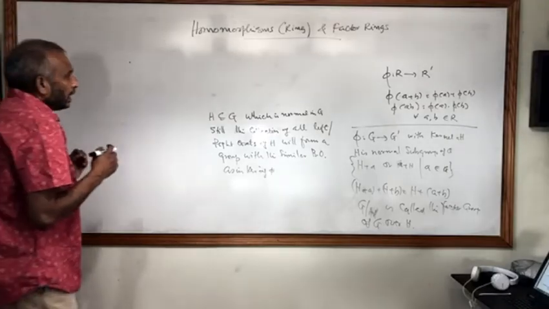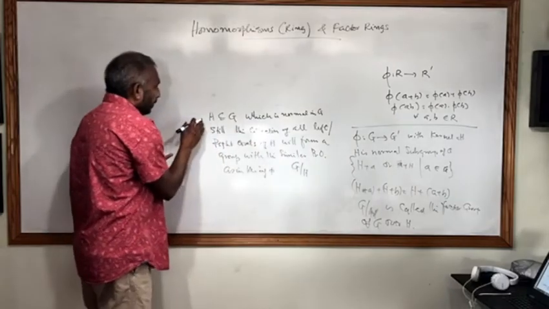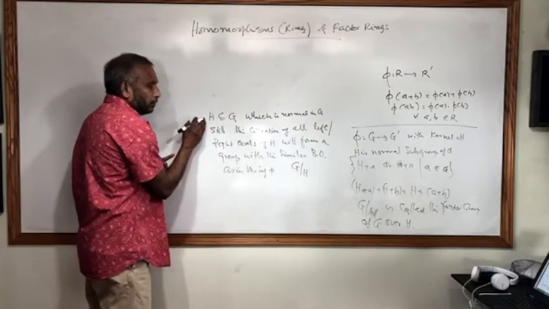This is called G over H. So we don't need a homomorphism to define a factor group.